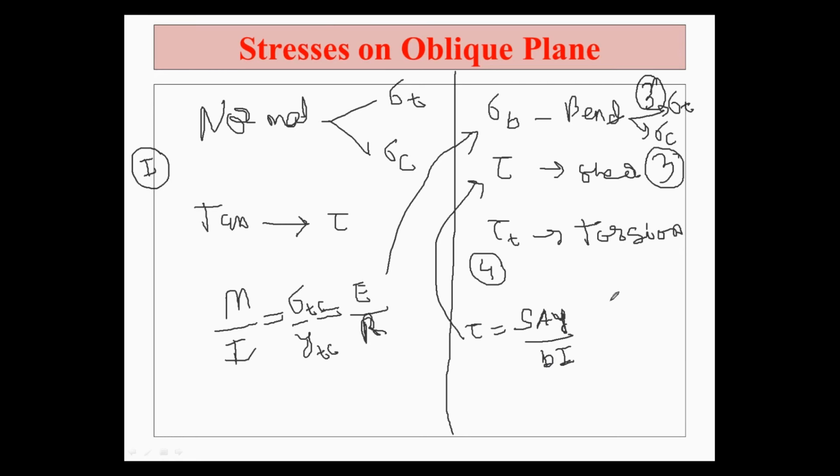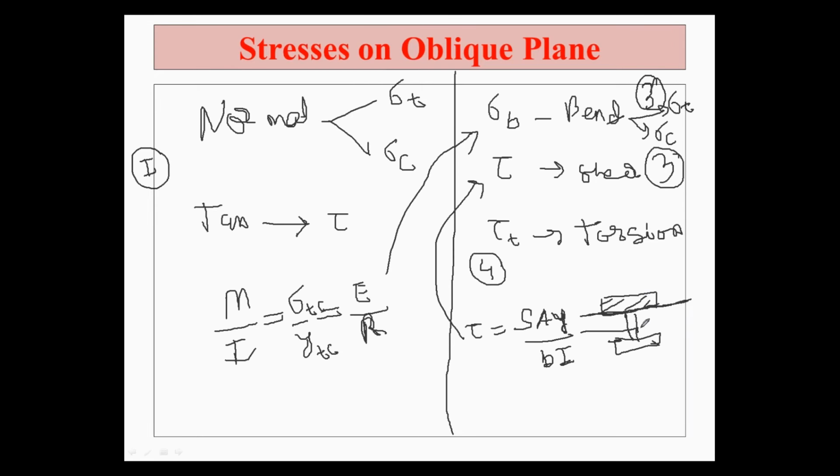If suppose we have considered an I section like this, then whatever point जहाँ पे अपने को निकालने का है, if I am calculating the shear stress at this point, then you have to consider the area above the point at which we have to find the shear stress. इसके ऊपर का आपको एरिया लेने का है.